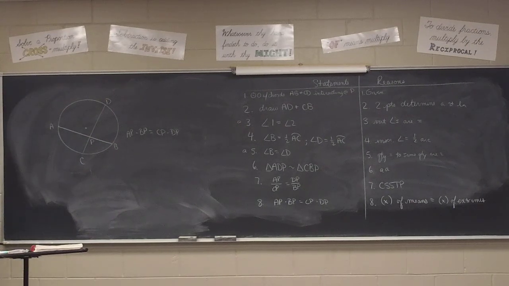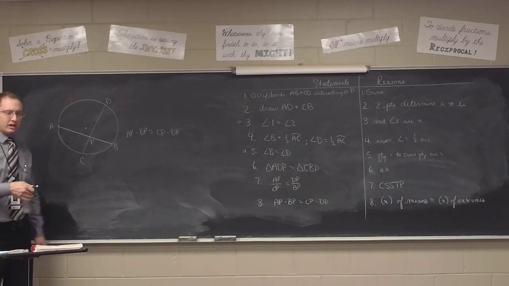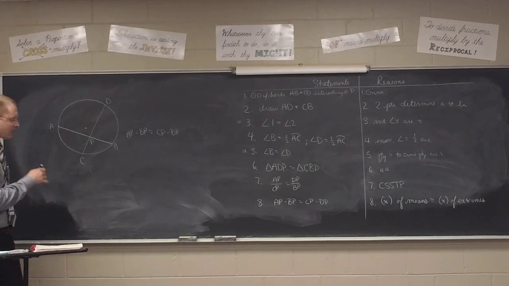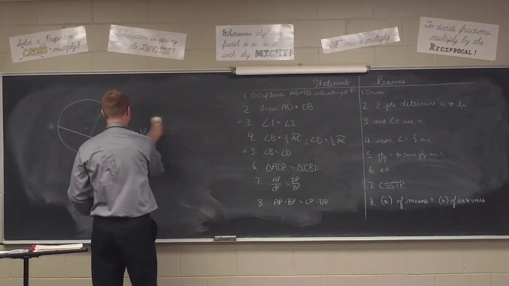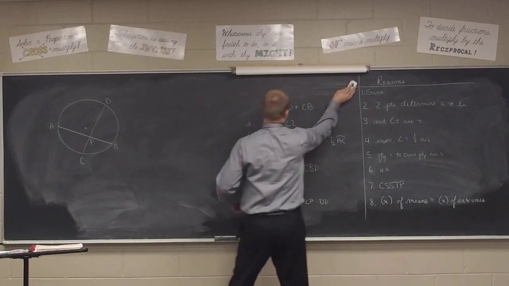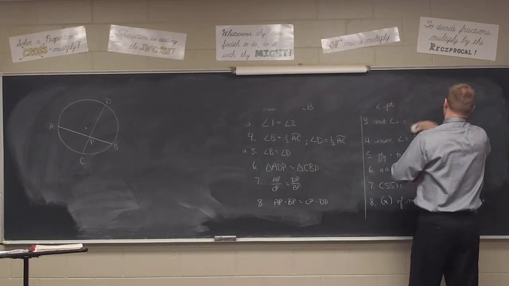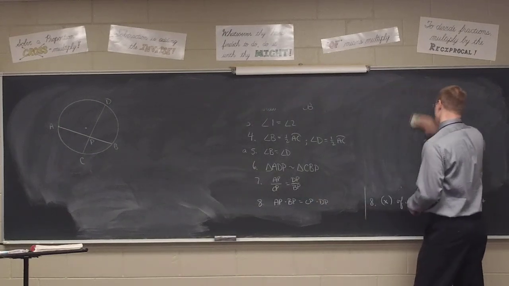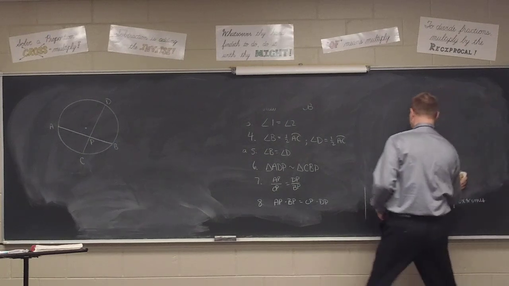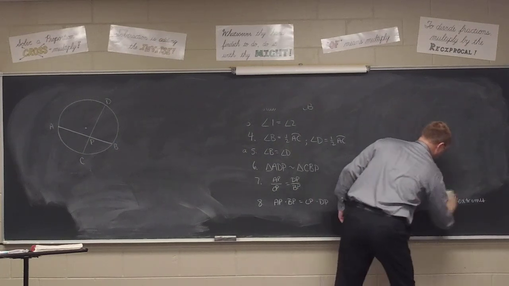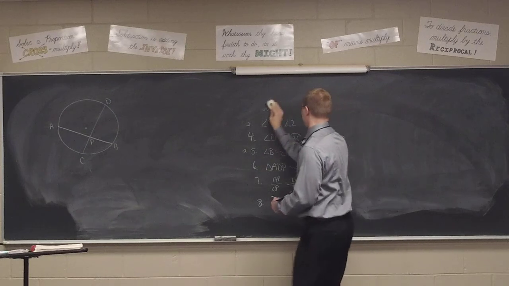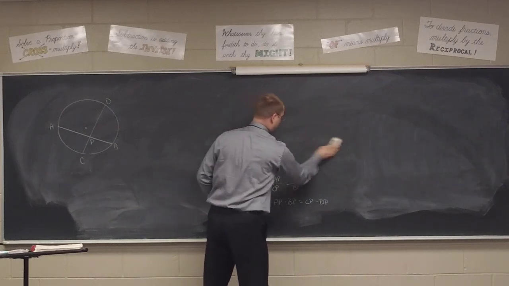Then go and get out some scratch paper. Let's do some practice with this fact. Or you could say the product of the segments through a point is constant. I believe that's one of the corollaries. We don't ever really use that statement in and of itself, but it's the truth.